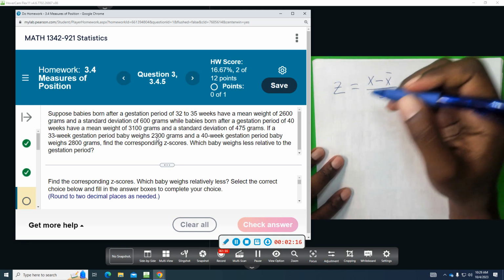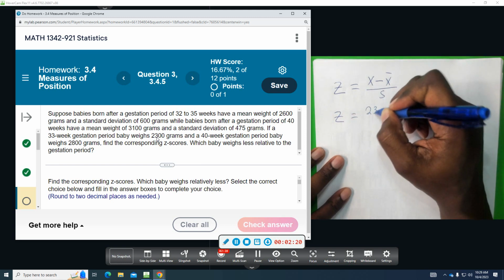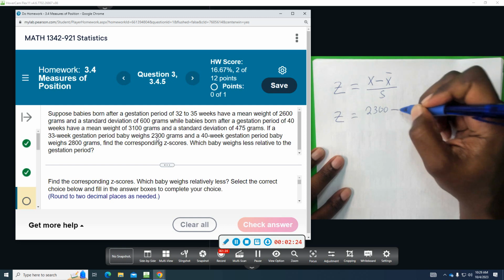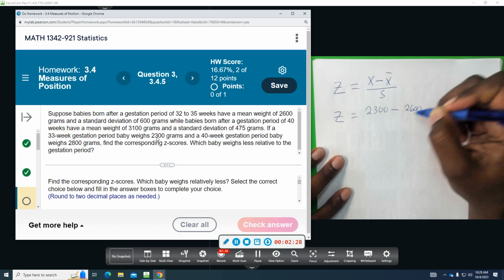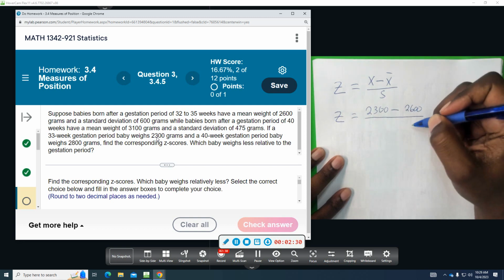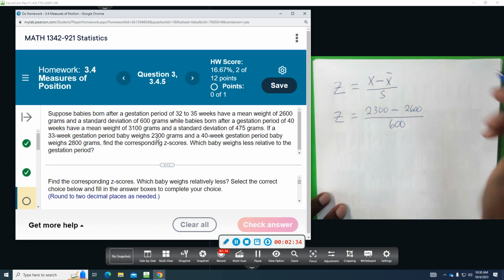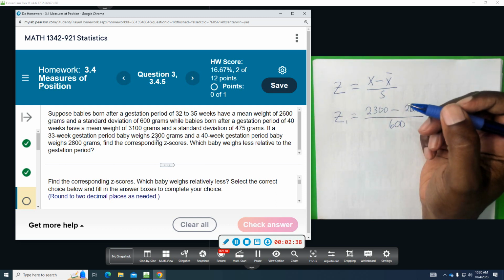And so we have a weight of 2,300. We're going to subtract the mean for that category, which is 2,600, and we're going to divide by the standard deviation of 600. So that will give us the z-score for the gestation period between 32 to 35.